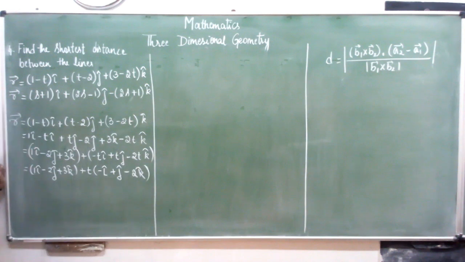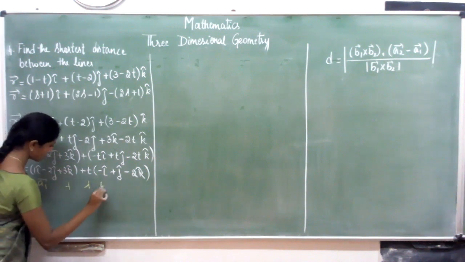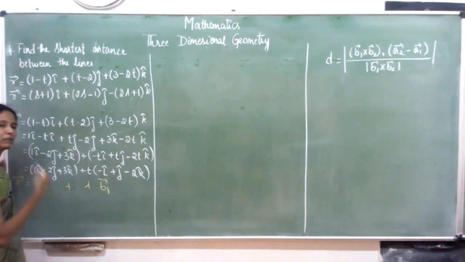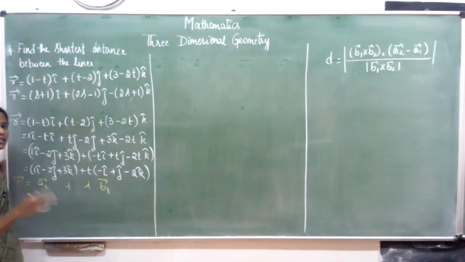Now, the first equation got reduced to the form vector r is equal to vector a1 plus lambda times vector b1. You may not have lambda here; t or lambda is any scalar which we are going to multiply. So it can be t, s, a, b.